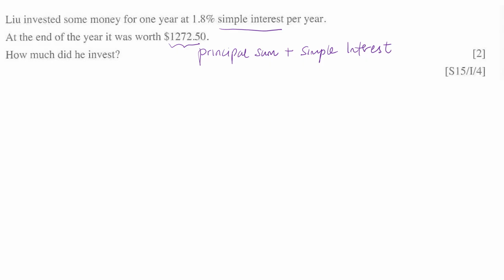The principal sum is the amount of money that Liu invested. So that is the amount of money, the principal sum, that we need to find.